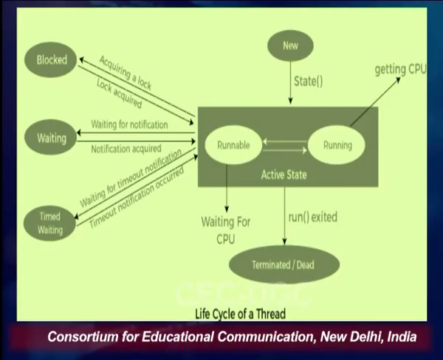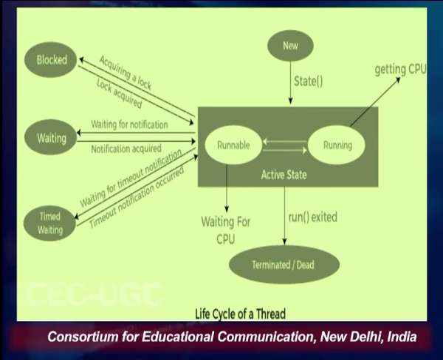Now let us try to explore this figure within the reference of whatever concept we have understood about the life cycle of a thread. It started from new, that means it is just being created. After new, it goes to the next state, which is the active state.